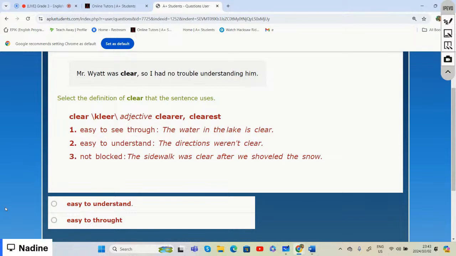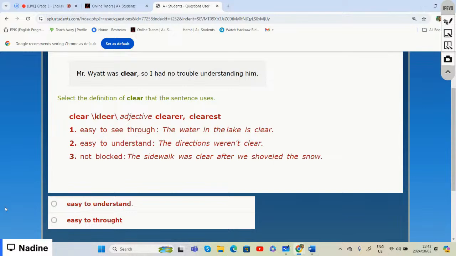So we now need to select the correct definition. Is the word clear easy to understand or easy to see through?